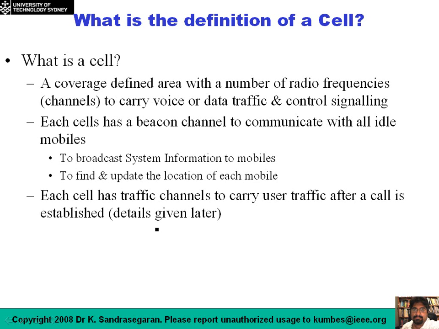So for example, when you make a call to somebody, you're not actually allocated a time slot at the beginning of the call, but all of the signaling takes place on the control channels, and only once the person at the other end answers the call, you're allocated the time slot which you use for your traffic. Okay, so this way you can maximize the use of your traffic channels.